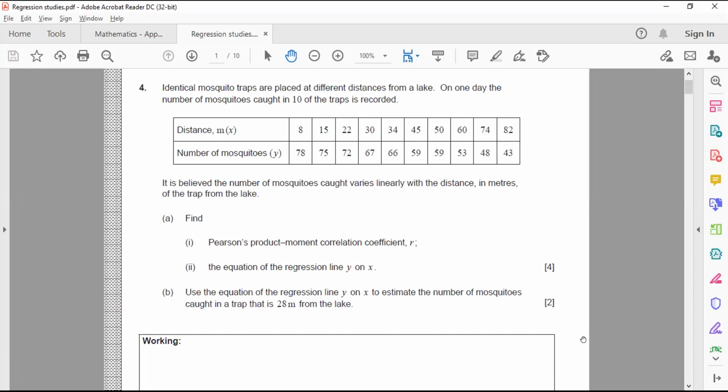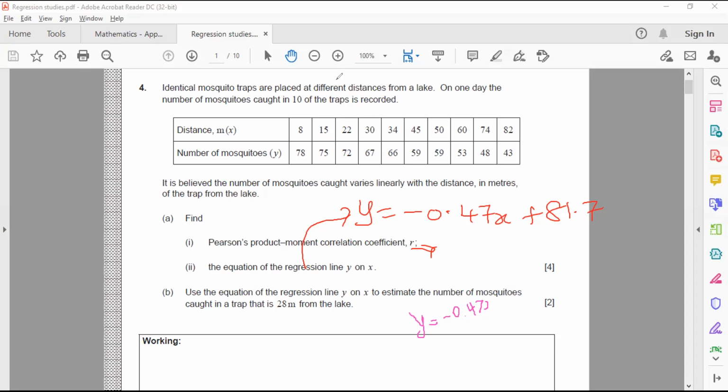This is the equation of the regression line y on x to estimate the number of mosquitoes caught in a trap that is 28 meters from the lake. y is equal to minus 0.47x plus b, b is 81.8.